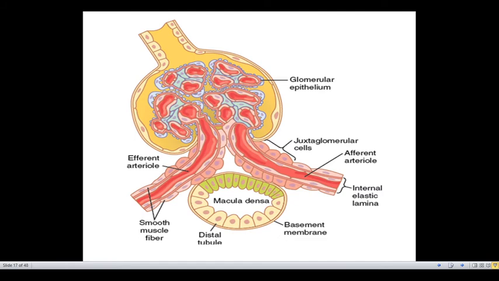This figure shows the structure of the juxtaglomerular apparatus. Note the proximity of macula densa cells to the juxtaglomerular cells in the afferent and the efferent arterioles.